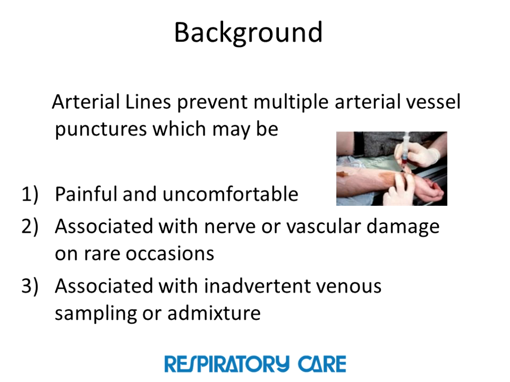The other thing, of course, that an arterial line will do is that it prevents the potentially painful and uncomfortable arterial punctures, which may be associated with nerve or vascular damage. And the sampling from an arterial line, generally you will get a better sample, less inclined to have errors or factors that may contaminate your blood gas, such as inadvertent venous sampling or admixture.